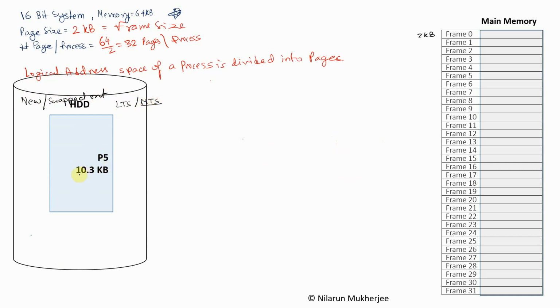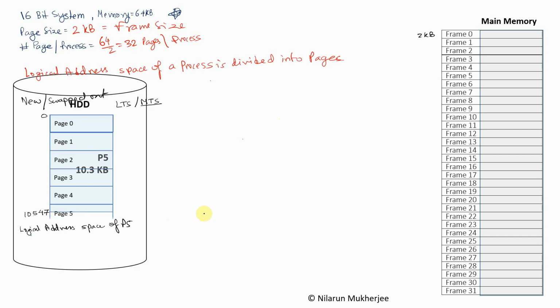P5 being 10.3 KB, its logical address starts at 0 and ends at 10,547, which is the logical address space of P5. Now it is divided into equal size pages, each of 2 KB.